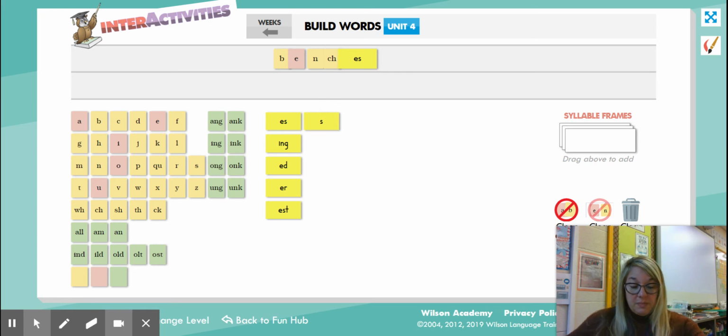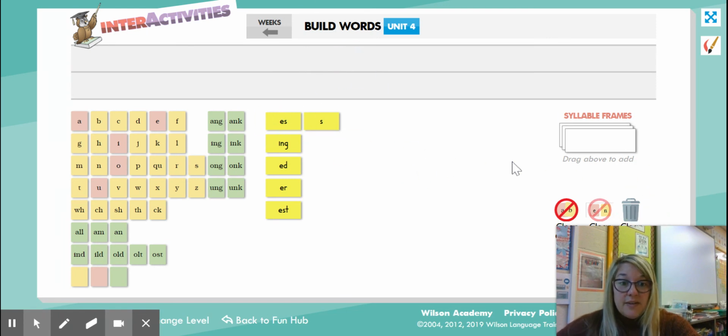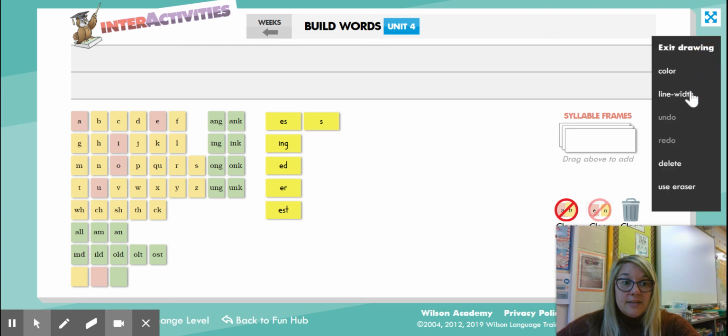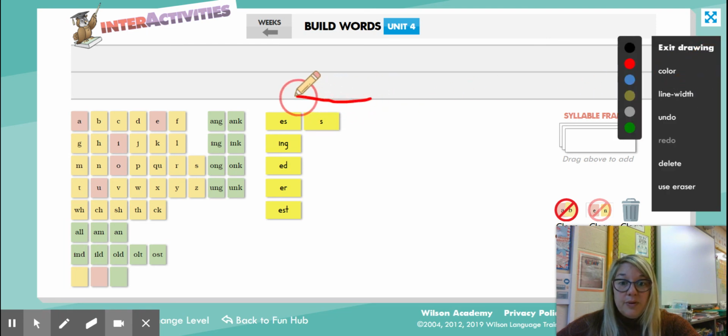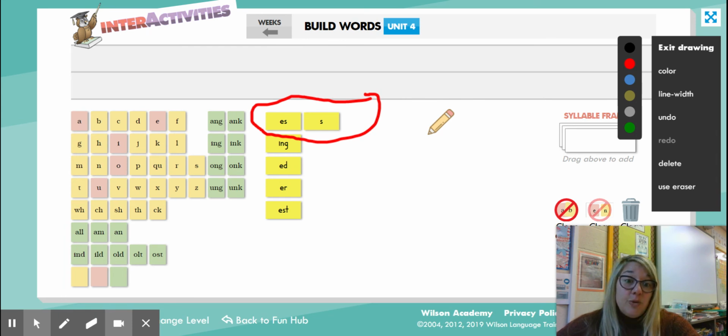So what we're going to remember is plural, you add either S or ES. So these are these two suffixes here, right at the top. We're going to add S or ES to make a word plural, meaning more than one. But you have to decide if it's going to be an S on the end or an ES.